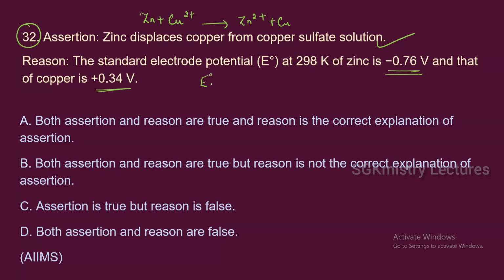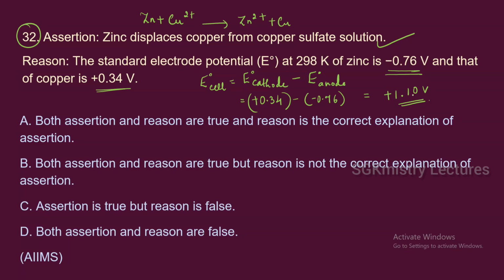So we can also calculate the E0 cell, that is E0 cathode minus E0 anode. So we have E0 cathode as 0.34 volt minus E0 of anode, which is minus 0.76 volt. So we have 1.10 volt, right? Because minus and minus becomes plus.